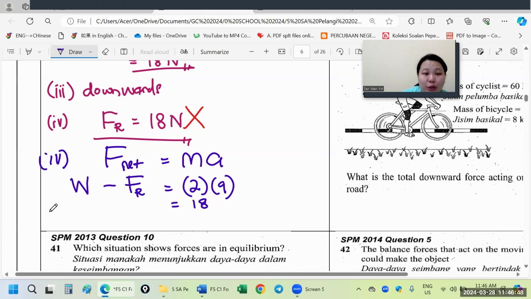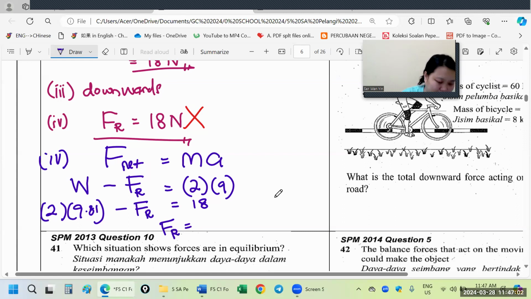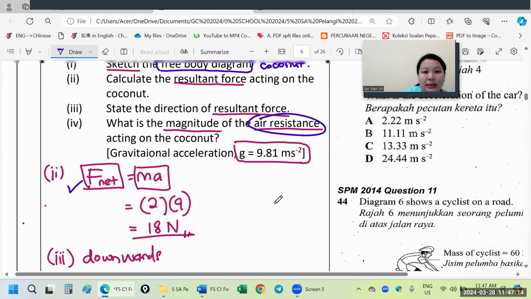Yes, mg. mg means 2 kg times 9.81 minus frictional force. So frictional force equals to 1.62 Newton. Answer is here.